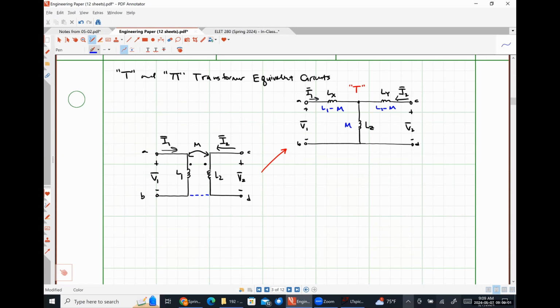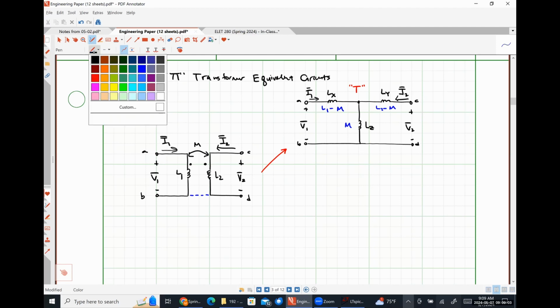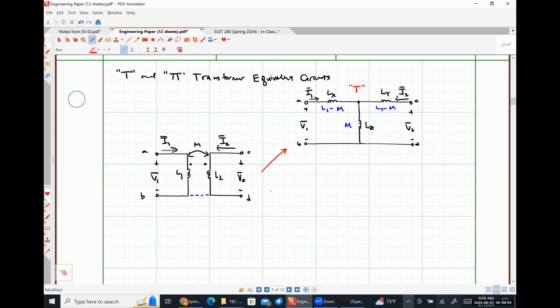Our second alternative is what's called a pi equivalent circuit because it kind of looks like the letter pi. So once again, I'm going to have my set of terminals.